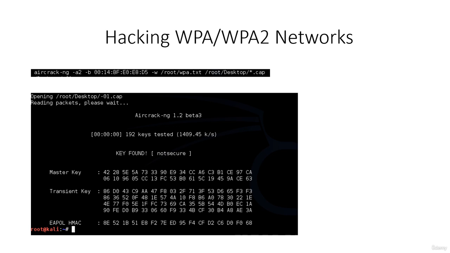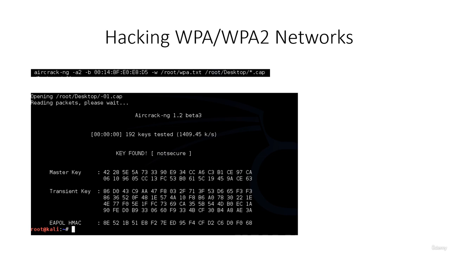If the phrase is in the word list, then aircrack-ng will show it like this. The passphrase to our test network was not secure, as you can see, and you can see here it was in the word list, and aircrack found it. So, if you find the password without a decent struggle, then change your password if it's your network.